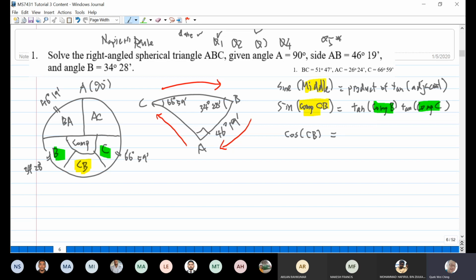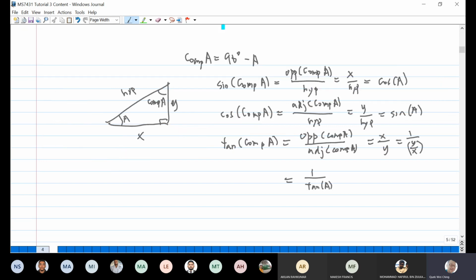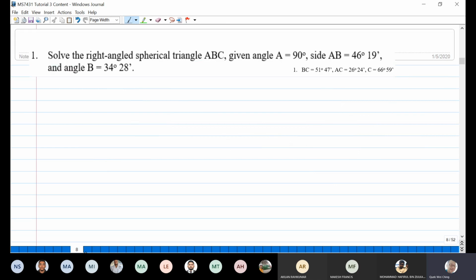And then how about tangent co-B? Just now I mentioned, if you still remember, tangent co-A is 1 over tangent A. So make use of this.